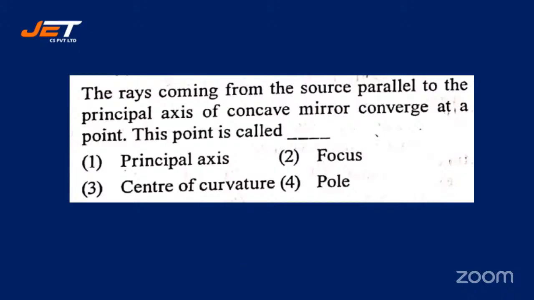So what's the answer for this? Yes, Srideep, excellent. Gopichan, it's not center of curvature. Vasant, good. Okay, let's see. It's focus, students. Rays parallel to the principal axis converge at the focus.